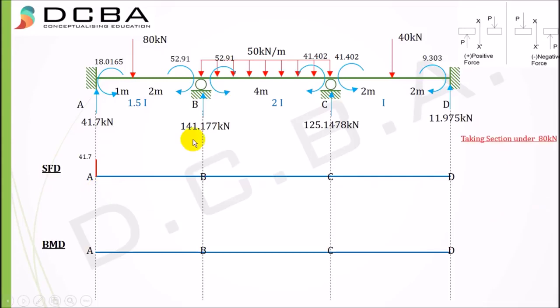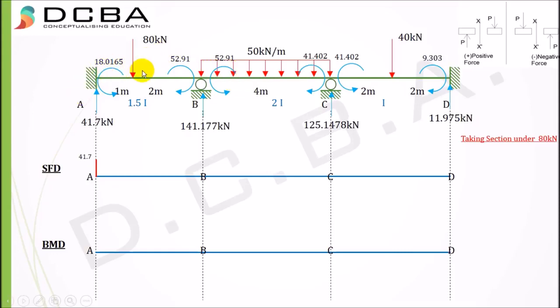Next we take a section under the 80 kilonewton force. You have to take sections under point loads, at all the supports, and where a UDL starts and where it ends. So at all these sections you need to consider your shear force.